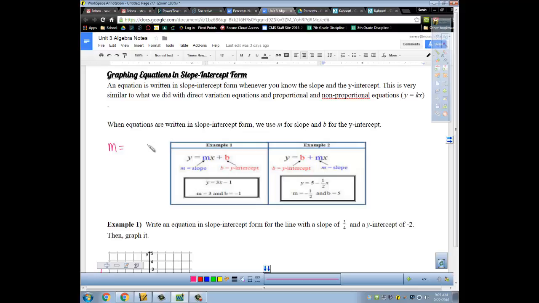So m I think of as move. It tells us how to move our points. And then b I think of as begin. B is the y-intercept, and it'll tell us where to begin when we start graphing. So again, always remember your slope is always the number from your x, the y-intercept, the b is the number that's always without a variable.